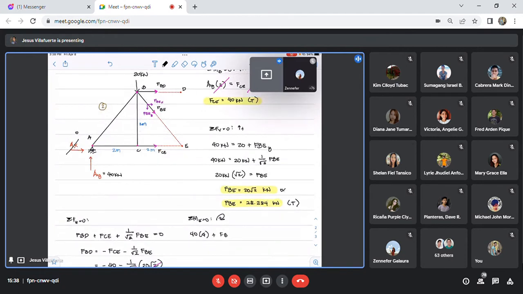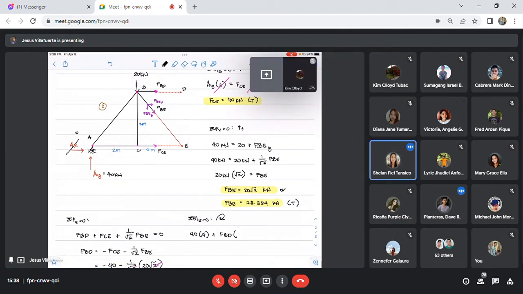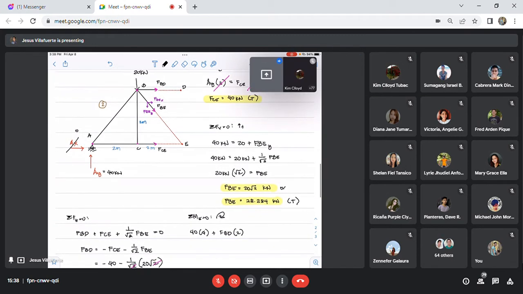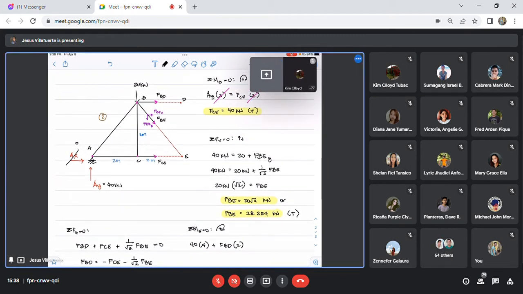Plus FBD. So what is the moment arm of FBD? 2. Very good, 2. What else? There are no more clockwise. We only have counterclockwise, which is the 20. So what is the moment arm of 20?